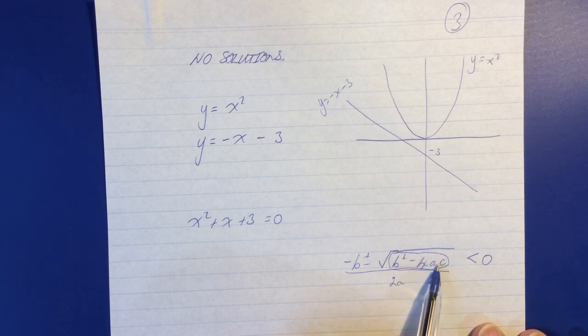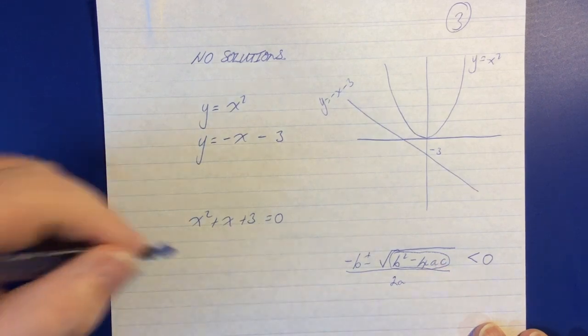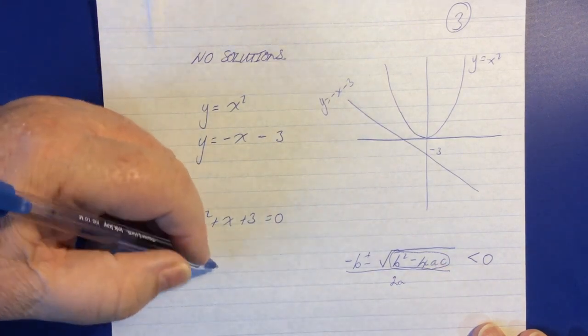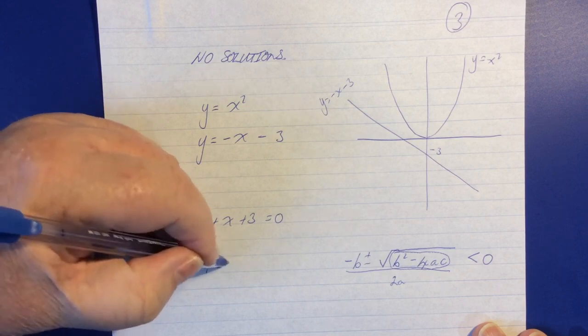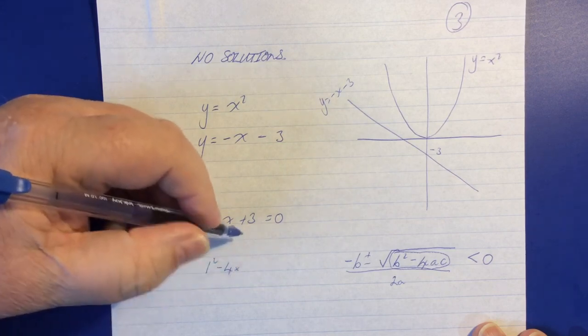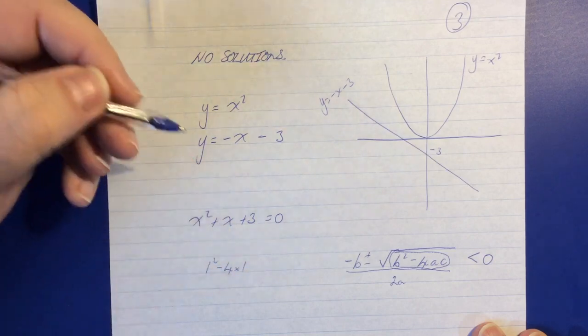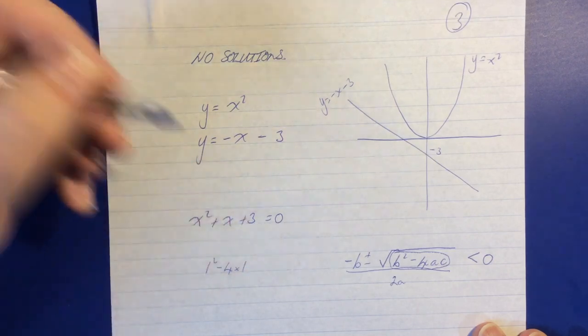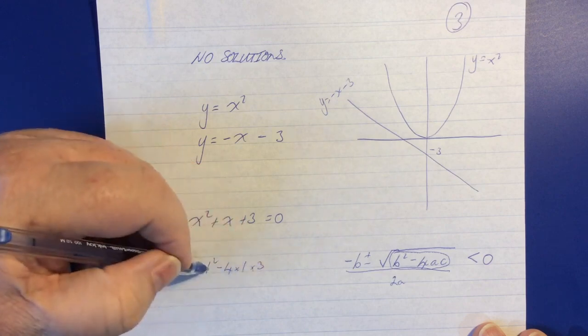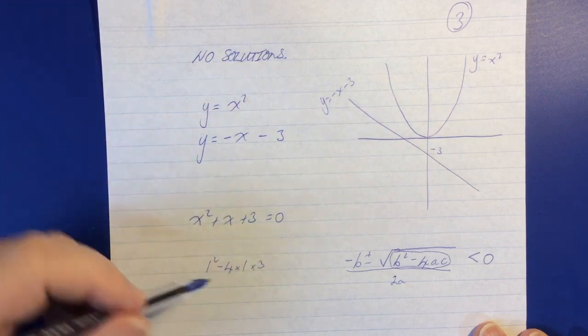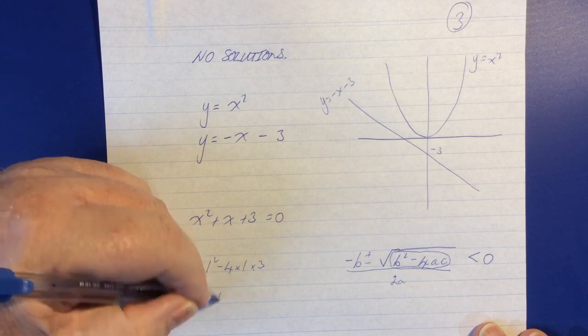My strong suspicion is that it's negative, that it's below 0. But let's just go to work. So 1 squared, that's b squared, minus 4 times a, which is 1. 4 times 1, we're already in the negatives, but just for the sake of completeness, times 3. So that is 1 minus 12, which is negative 11.